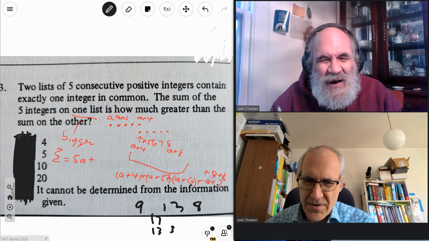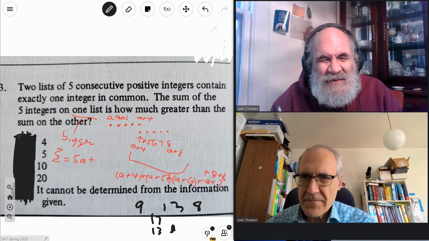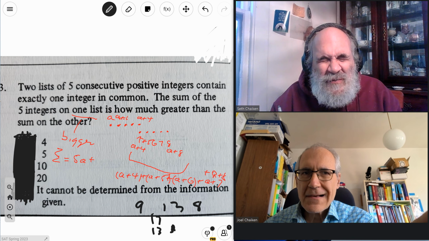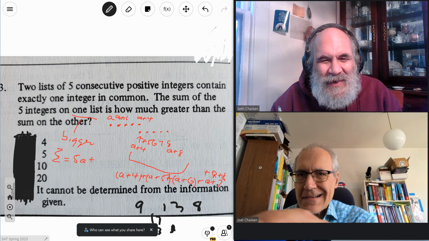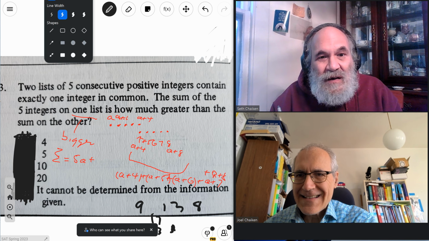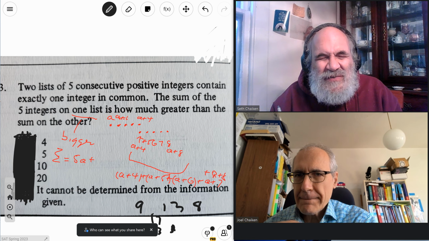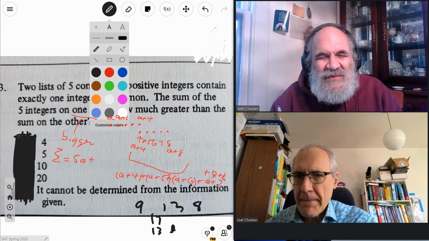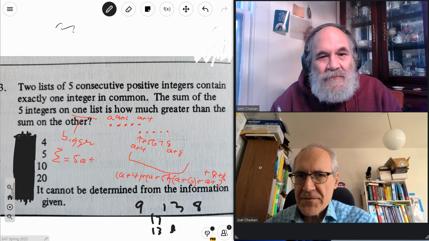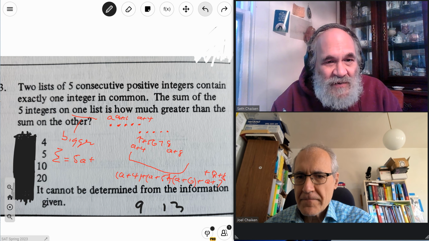Okay, so that's also 5. We take the average, 12. Oh, I see. Take the average, which is 6, and multiply it by the number of things. 6 times 5, 30. Yeah, so the sum of the first one is 30.